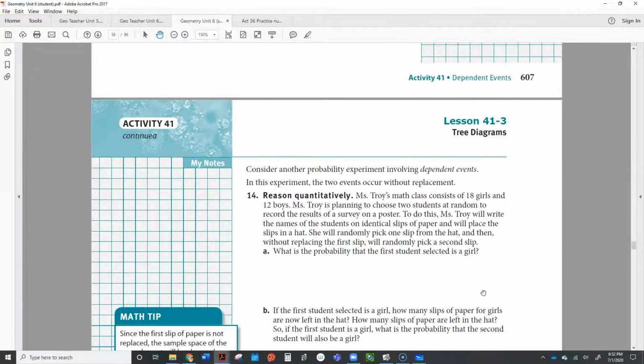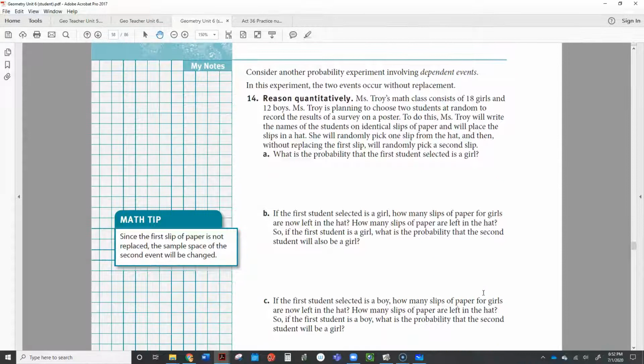Now we're going to go on to number 14. And number 14, they talk about Miss Troy's math class. So in the math class, there are 18 girls and there are 12 boys.